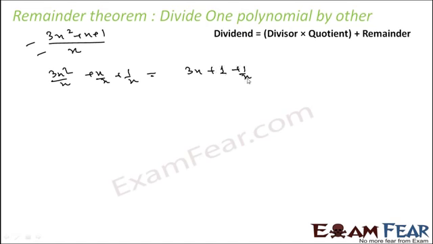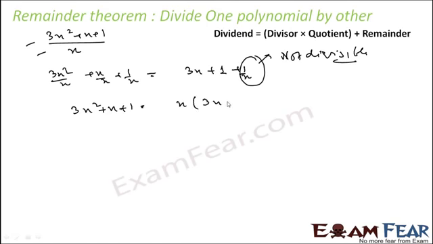But 1 by x becomes 1 by x, that is x to the power minus 1, and that means this part is not divisible. So what I can do is write this as nothing but x into 3x plus 1, and let 1 be the remainder.